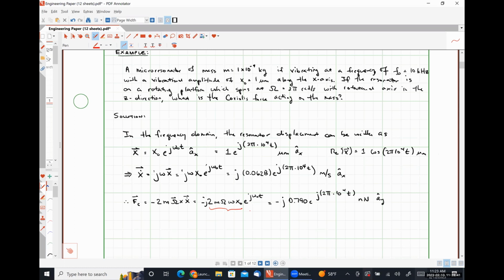So in order to maximize the Coriolis force that we can see, we need to maximize the displacement that our device undergoes. Another thing that hopefully is maybe not super obvious right now: since our Coriolis force depends on a velocity, that's why we have to have a resonator or something moving to begin with in order to measure a Coriolis force. If we don't have some form of vibration to start with, we cannot observe the Coriolis force in effect. Okay.